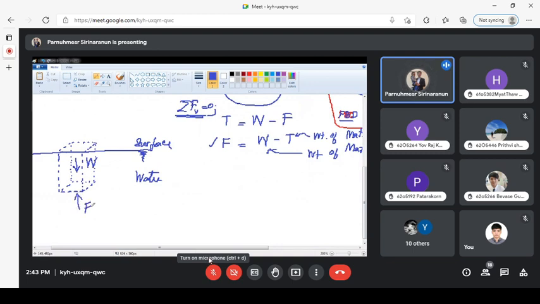That's right. So this buoyancy force and this water weight are different or not? Yes, it's the same. You know now that this buoyancy force is equal to the weight of water.